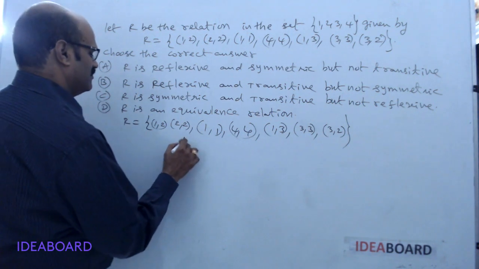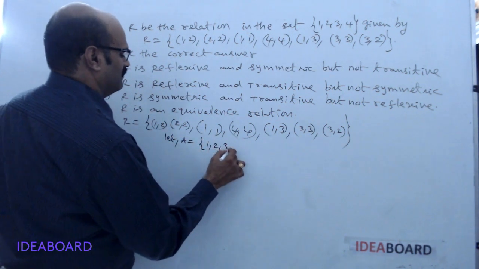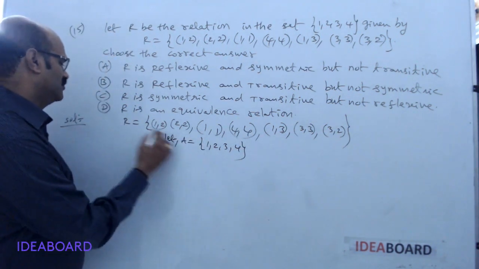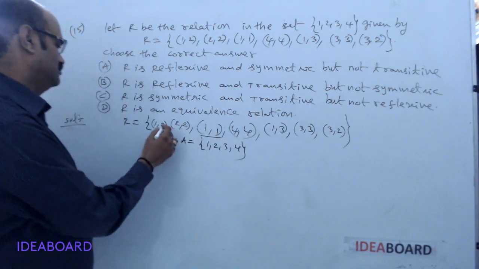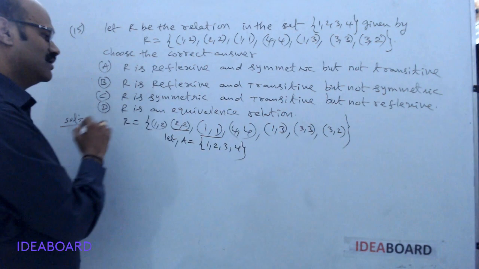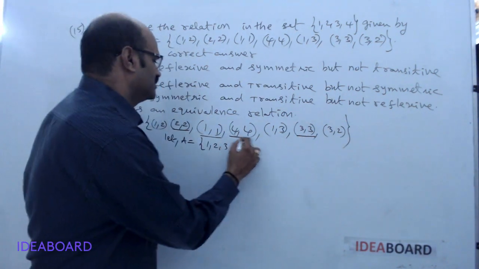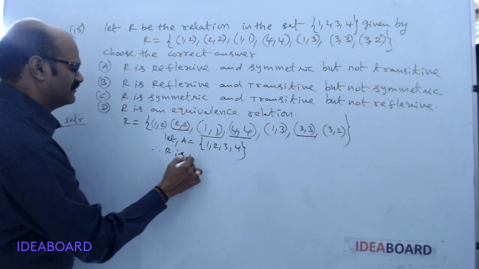It is defined on the set A equal to {1, 2, 3, 4}. According to reflexive relation, (1, 1) should belong to R. Yes, it is there. (2, 2) belongs to R. (3, 3) belongs to R. (4, 4) is also belonging to R. So clearly, we say that R is reflexive.